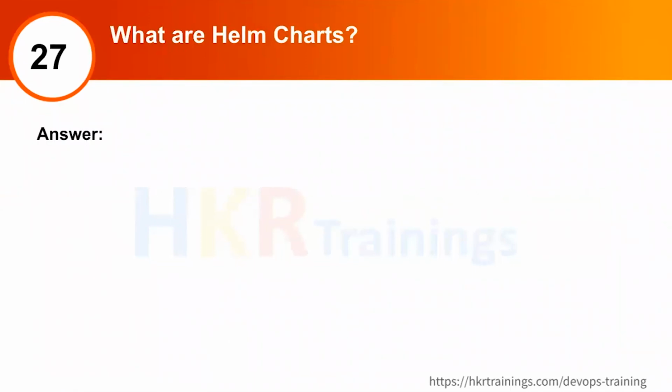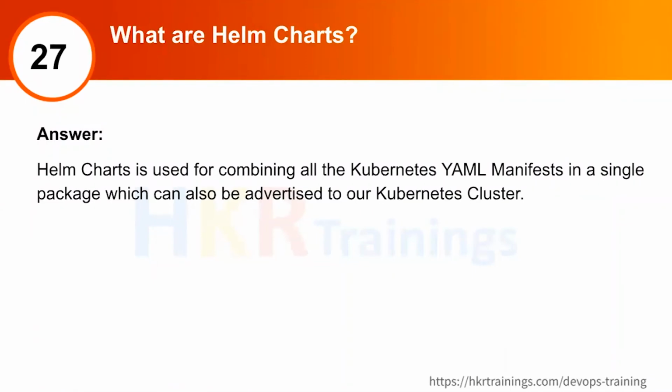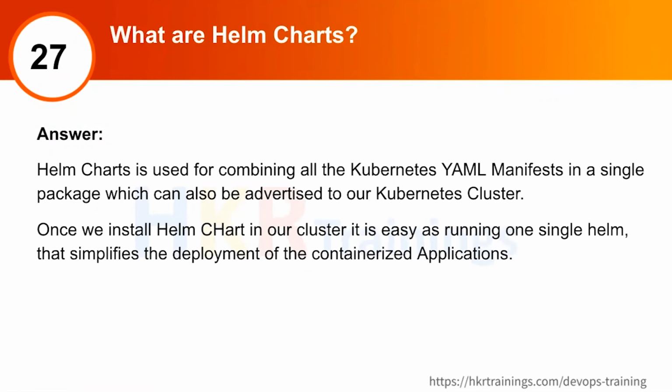What are Helm charts? Helm charts are used for combining all the Kubernetes YAML manifests in a single package, which can also be advertised to our Kubernetes cluster. Once we install the Helm chart in our cluster, it is as easy as running a single Helm command, and that simplifies the deployment of the containerized application.